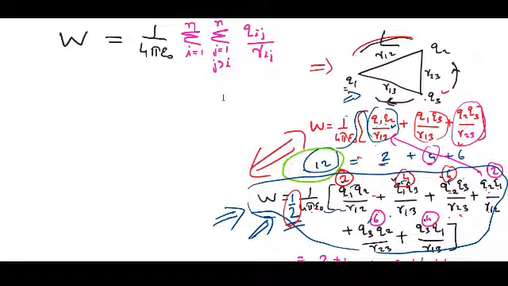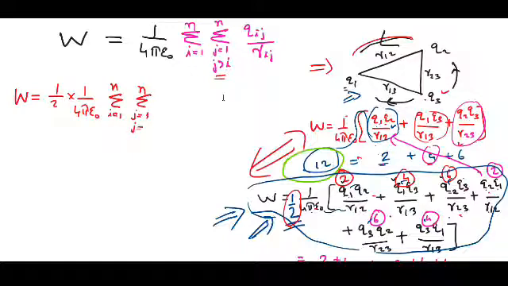Therefore, my intention is to write this equation as W is equal to half into 1 by 4 pi epsilon 0 summation i is equal to 1 to n, j is equal to 1 to n. Here, instead of j greater than i, I will simplify it as j not equal to i, the remaining term is qi qj by rij.